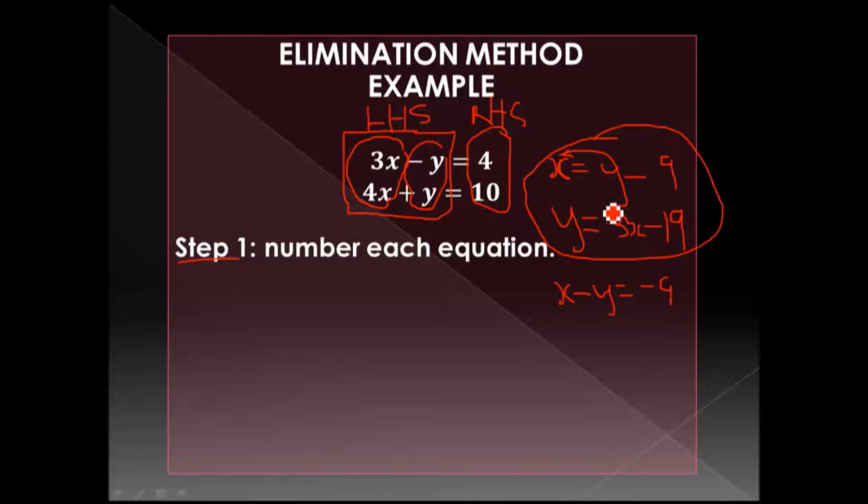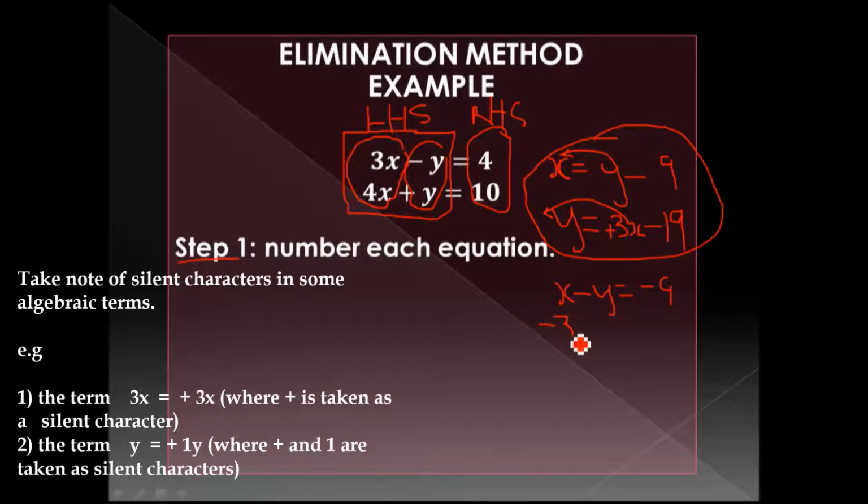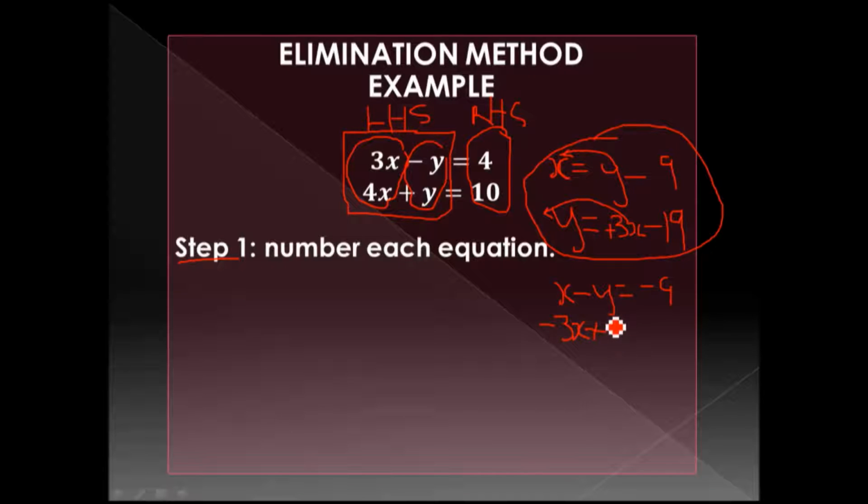Do the same for the other equation. This will collapse to, bearing in mind that the salient sign being positive, this changes positive 3 to negative 3x added to y, where the positive sign was a salient feature, is equal to minus 19.